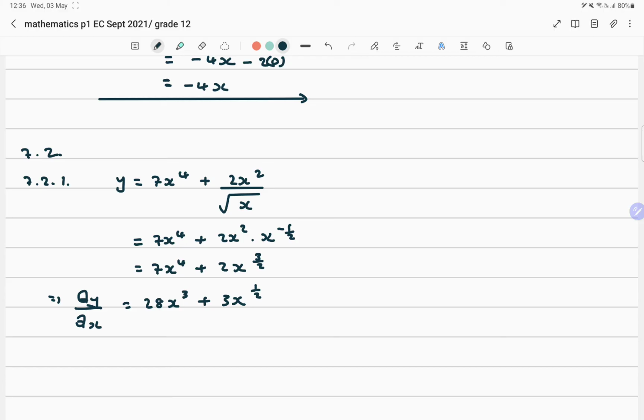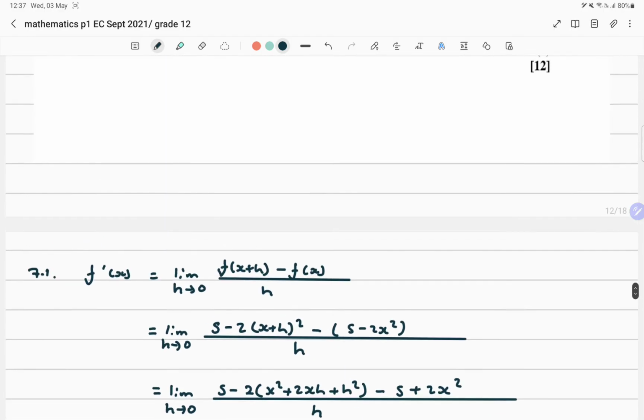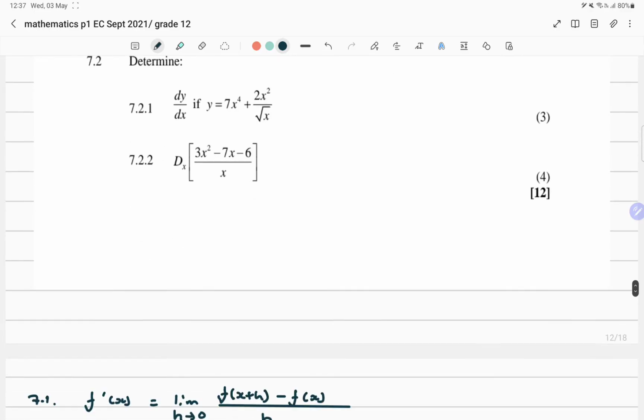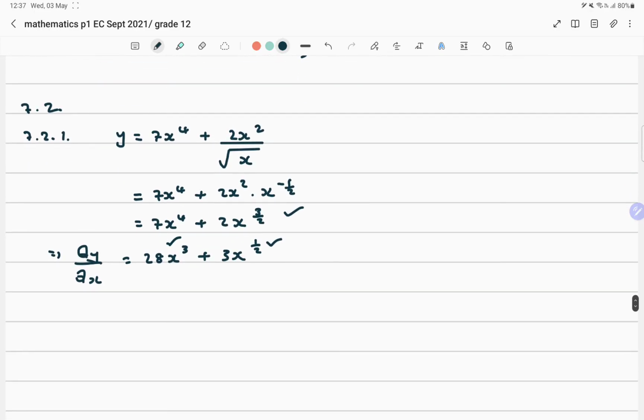Please don't try to simplify this any further, unless they state you want to change this into the square root. It's not a big deal, just leave it here. Simple. You get a mark for this too. That's how you get those marks.